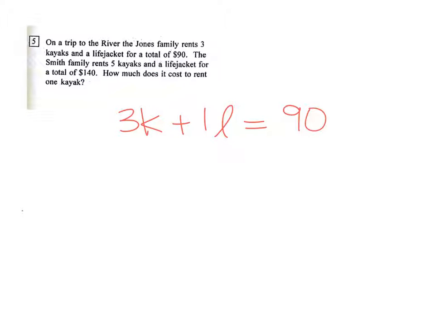So now it's going to be 5K plus another life jacket equals $140. Now you have a system of equations you can solve, and you're trying to figure out how much is one kayak. So you're going to try to get an answer where it's K equals a final answer. Okay?